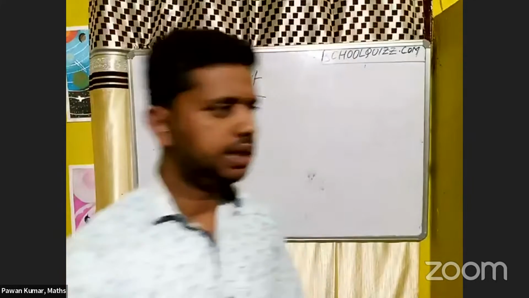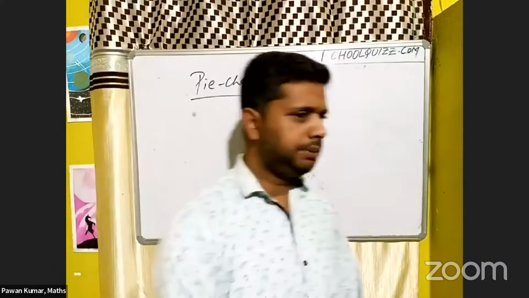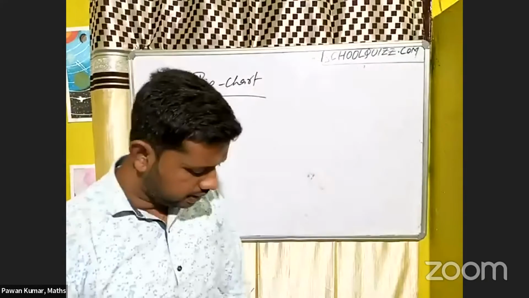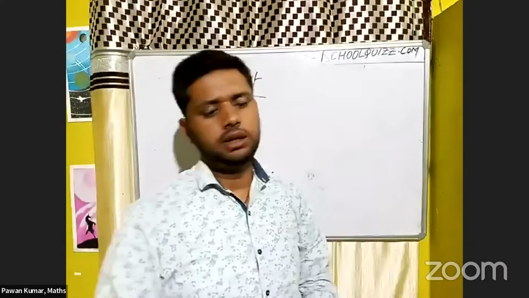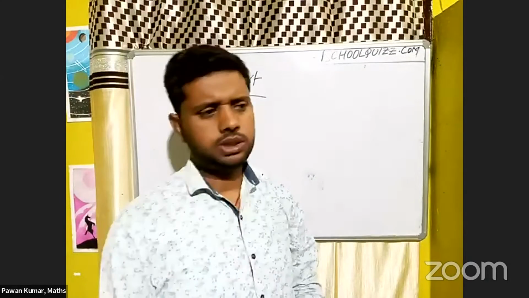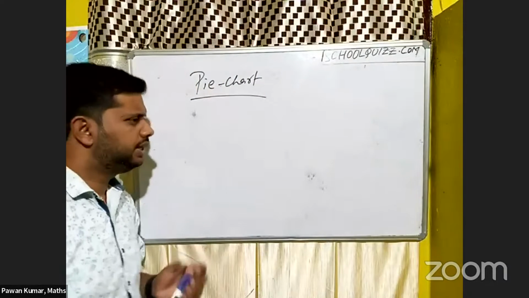Those types of questions are there. After that, they mention vertices, sides. Those things are there. One more, the Euler formula is there. So many types of questions are there that you can observe. If you practice the exercise also, there are so many questions in it.